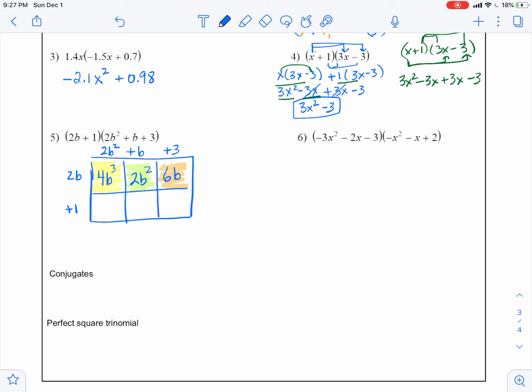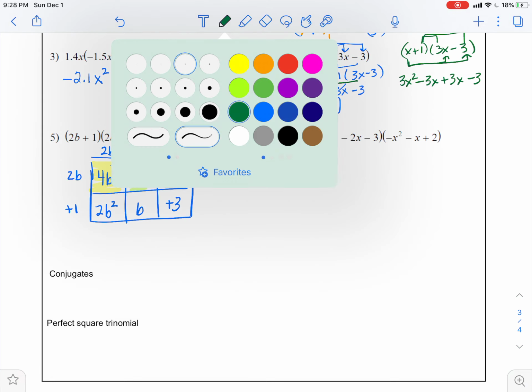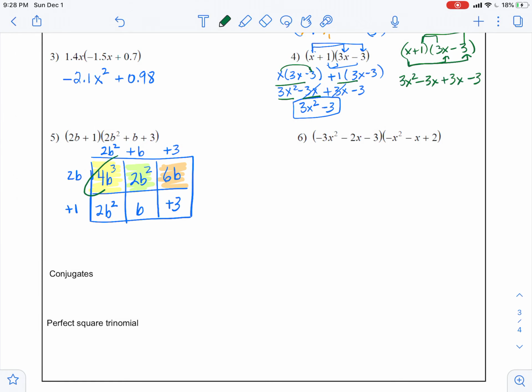Okay, and then again, we're going to continue that same thing with the bottom row. And I've got 2b squared. So I'm just timesing it by 1, b, and plus the 3. Now, past that, if your polynomials are in descending order and you're not missing any terms, then what happens here, which is very nice, is that your diagonals are your like terms.